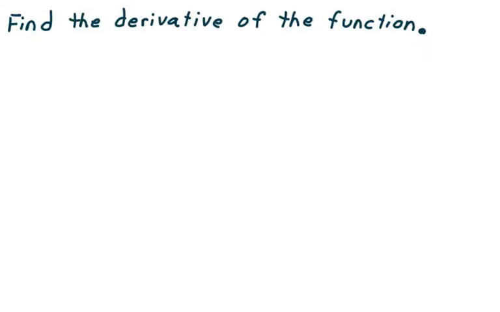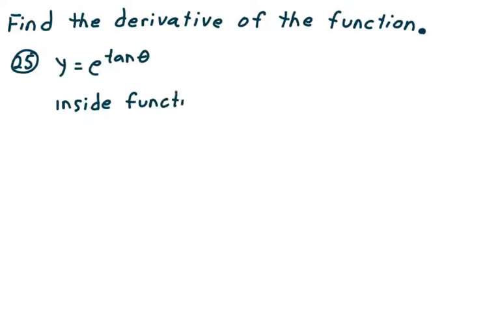The directions say to find the derivative of the function. And we're going to start with 25. We get y equals e to the tangent theta. And remember here, I have an inside function and then I have an outside function.